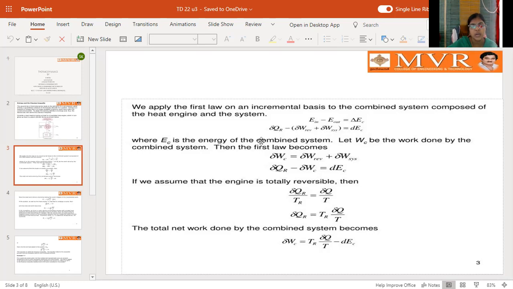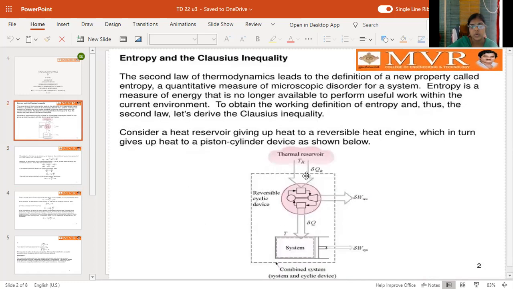We look at the diagram. Here energy in is Q reversible. This is the reversible cyclic device, and this is the system. Energy in minus energy out is equal to the total combined energy. Here, energy in is delta QR, minus energy out. Various types of energies go out from the system: the work done out from the reversible cyclic device and the energy out in the system.